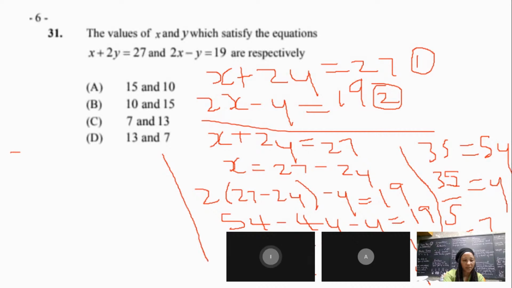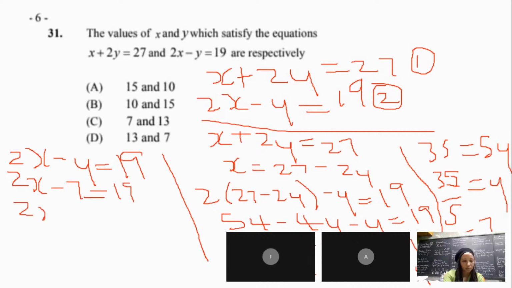Okay, 2x minus y equals 19. So 2x minus 7 equals 19. We would add 7 to both sides to get 2x by itself. And 19 plus 7 is 26.